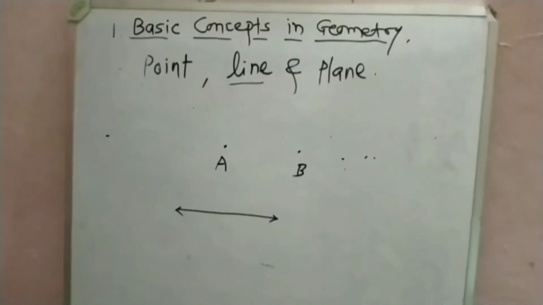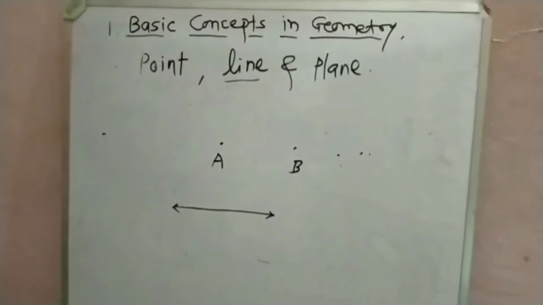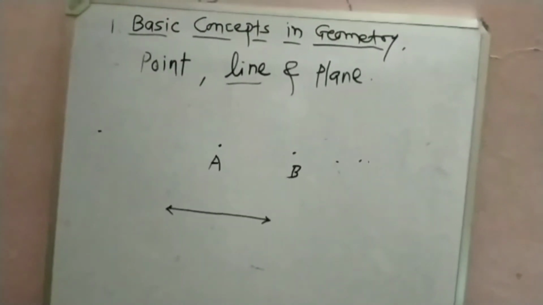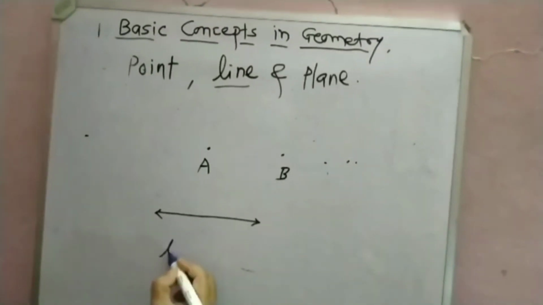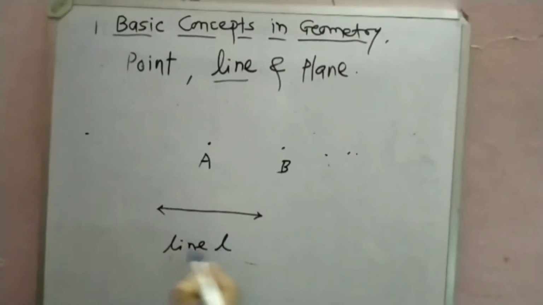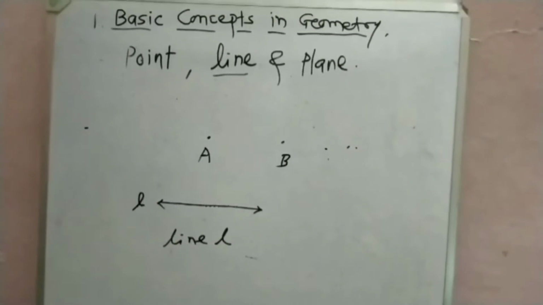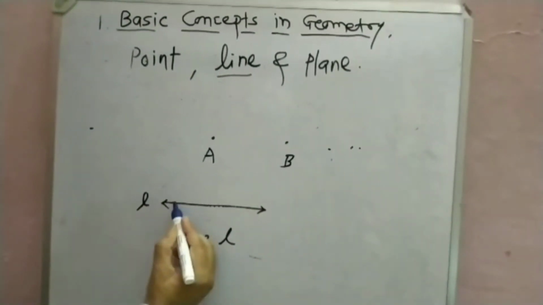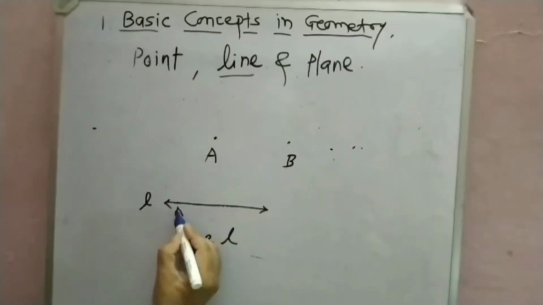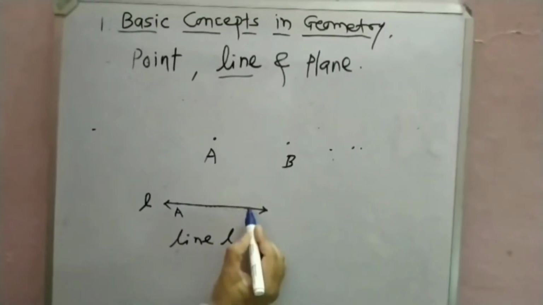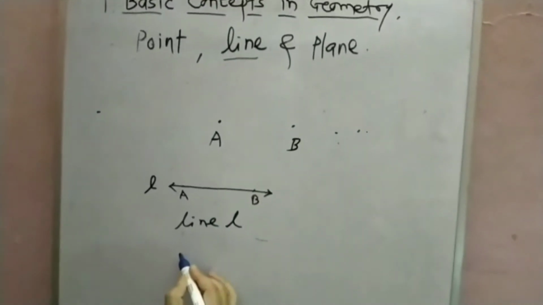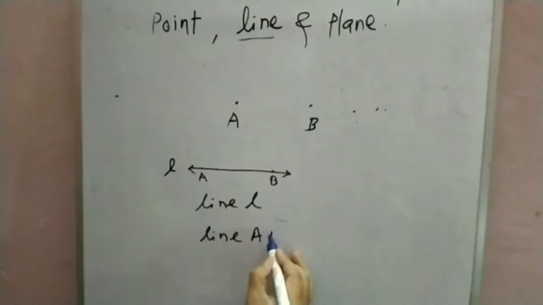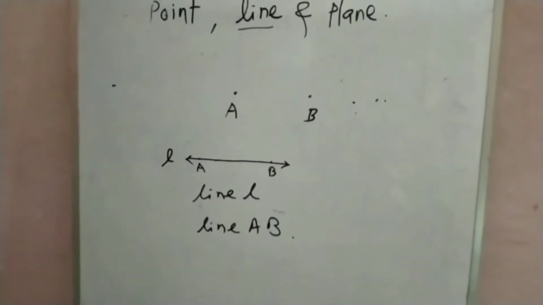Arrow means this line is infinite on both sides. We read it as line L. We give the name of that line here. Also, we give 2 points A, B. Then we write line AB in this way.